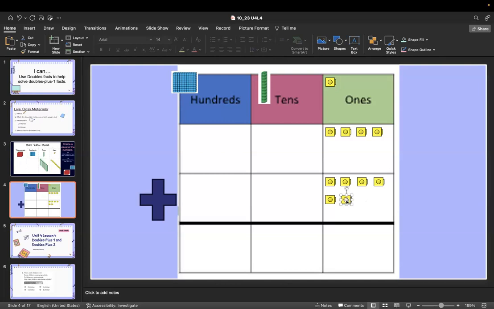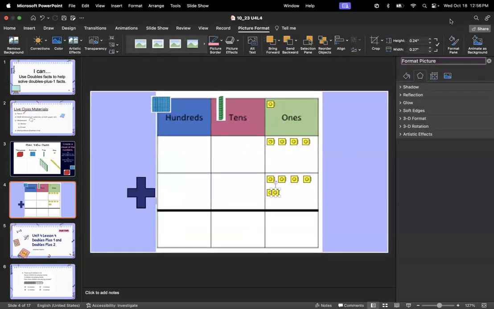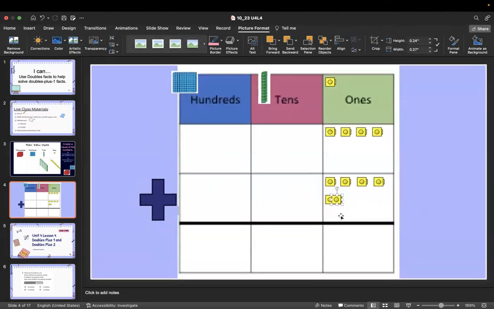Well, if we put them all together, let's see what happens. So we have 2, 3, 4, 5, 6, 7, 8, 9, 10.